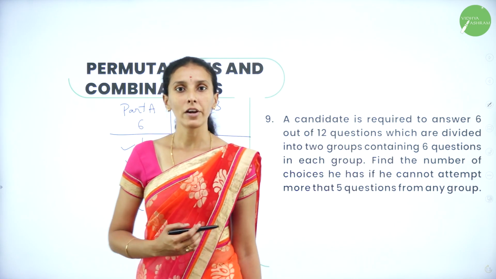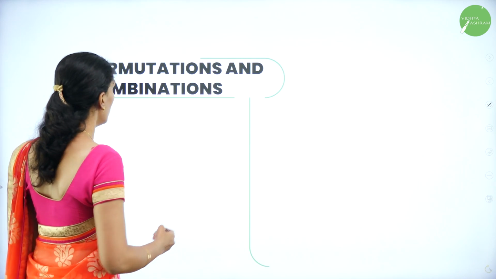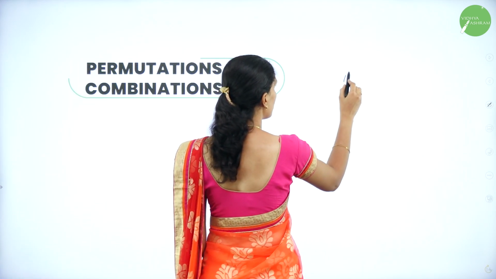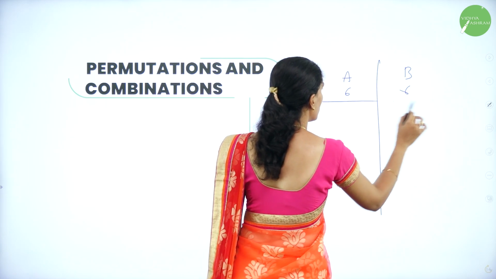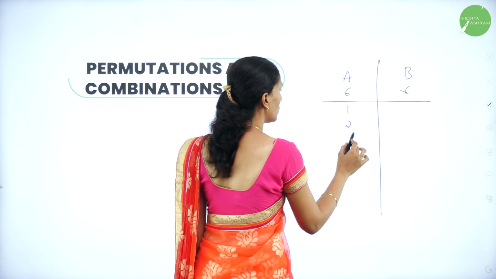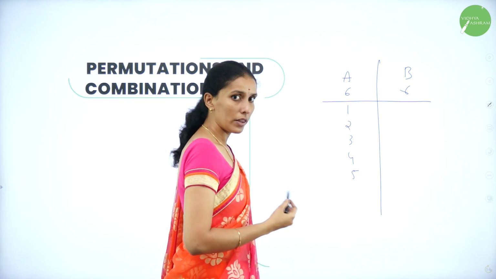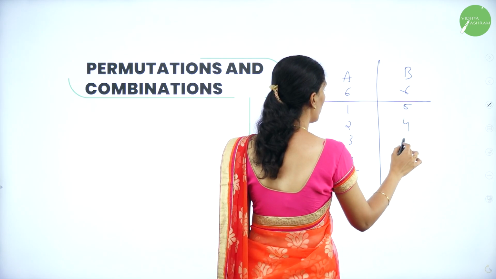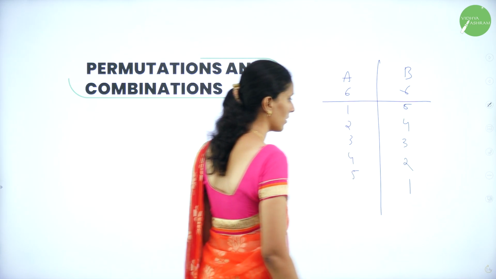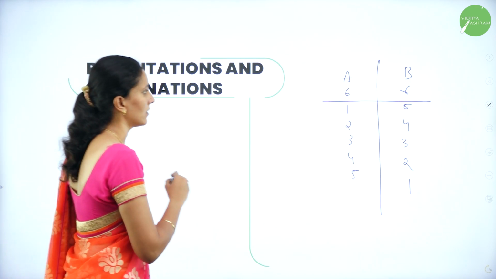Okay, so how will I write this in terms of combination? Just look at it. As I said, this is part A, part B. We have 6 questions each. So I can answer 1, 2, 3, 4, 5 questions. I cannot answer all the questions. So here I have the choices 5, 4, 3, 2, 1. So coming to the combination, how will my cases be?